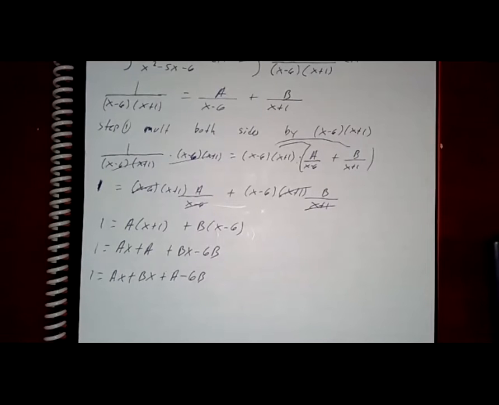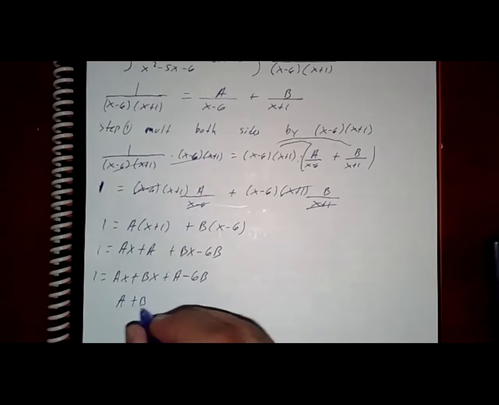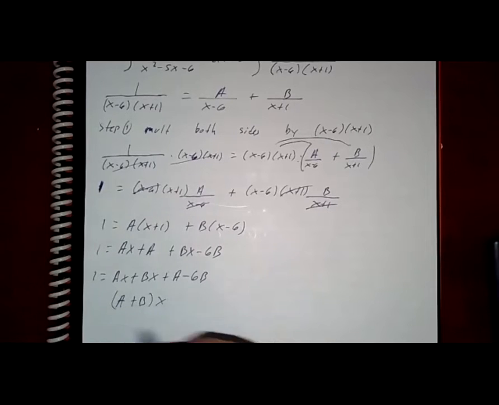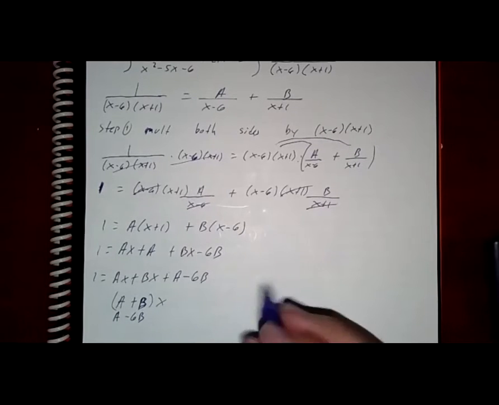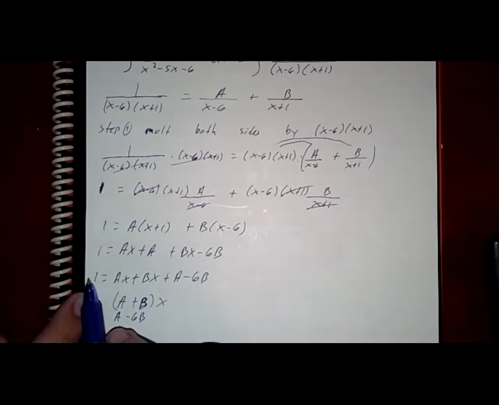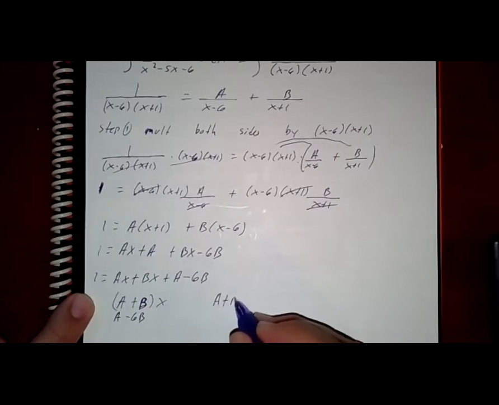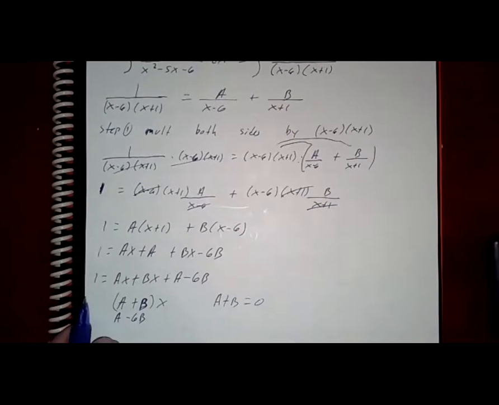Then what you do is group the x's together and the constants together, and you factor it. This is like the coefficient, right? There is no x on the left-hand side. So you say, I'm going to equate this coefficient to 0 because there's no x. There's like a 0x over here. And then you equate the constants to the constant, which is a 1.